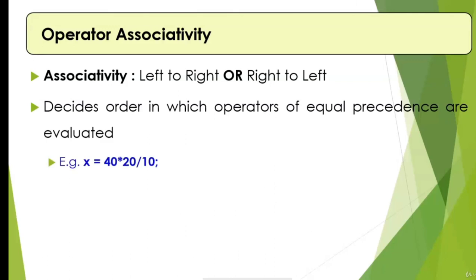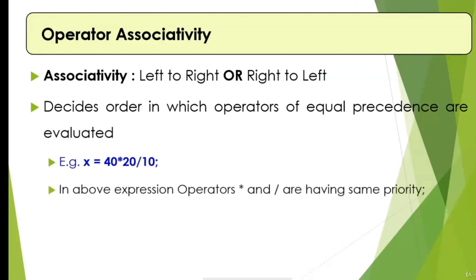For example, consider the expression x is equal to 40 multiplied by 20 divided by 10. In this expression, I have multiplication and division operators. Note that both multiplication as well as division have the same precedence. So in this case, I need to take into consideration associativity to decide the order of evaluation of operators.